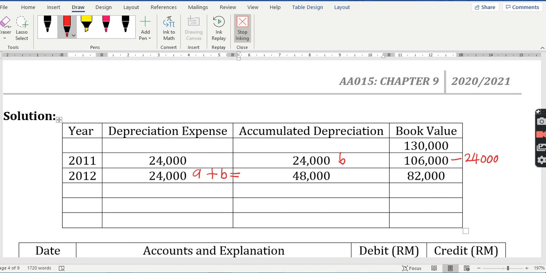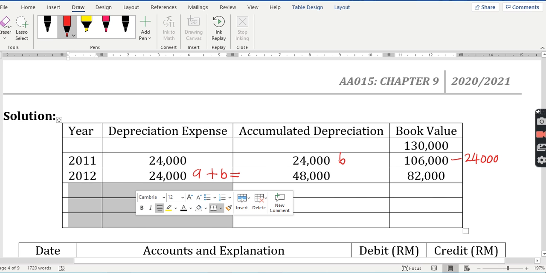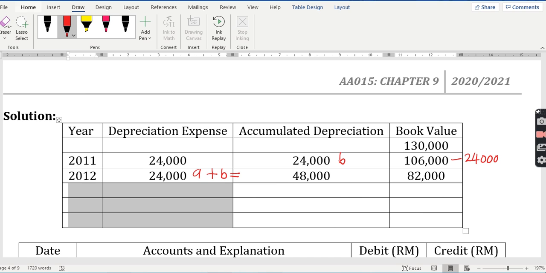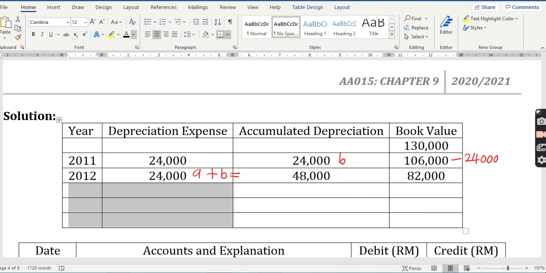So we'll have the same amount of depreciation until the year 2015. Why? Because the useful life of the asset is only 5 years. So you need to calculate the depreciation for that particular asset only 5 times, or only 5 years.